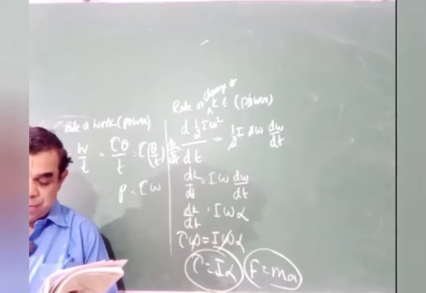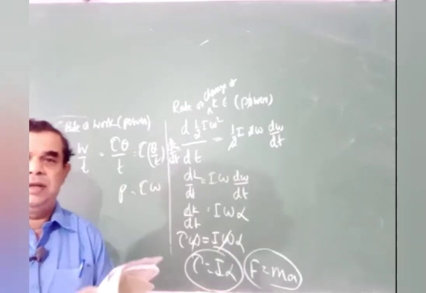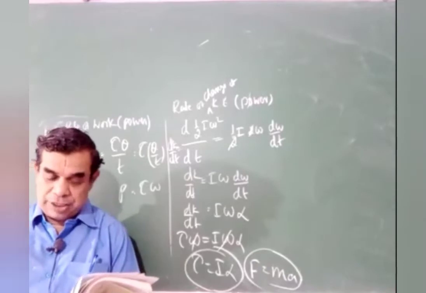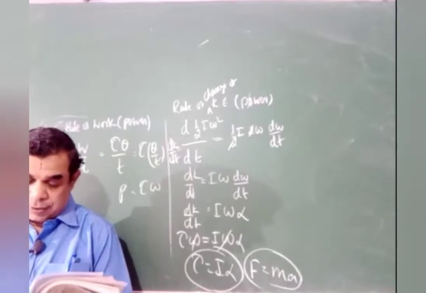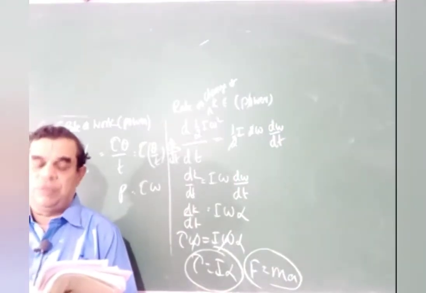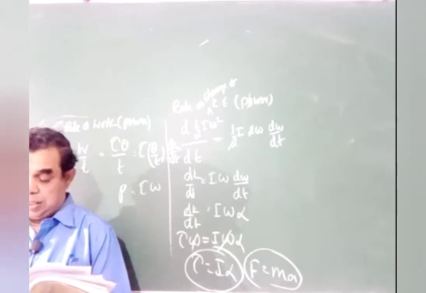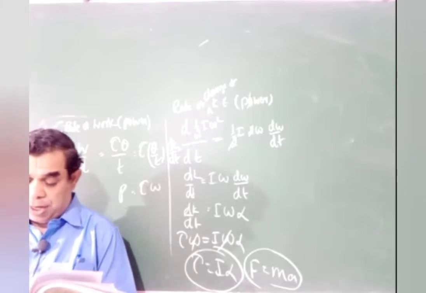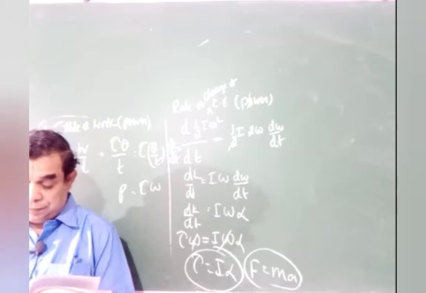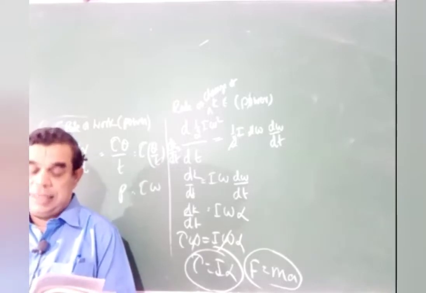A cord, C-O-R-D, cord means string, of negligible mass is wound round the rim of a flywheel of mass 20 kg and radius 20 centimeter.